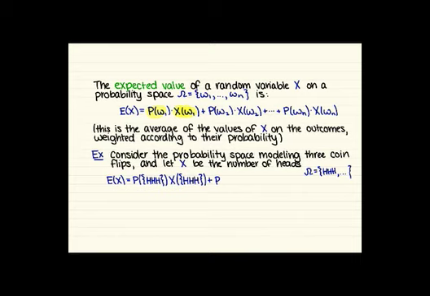So the probability we've got tails, H, H, times x of tails, H, H, etc. Hopefully you can continue this on from there. So then working this out, the probability that we get all 3 heads is going to be 1/8.